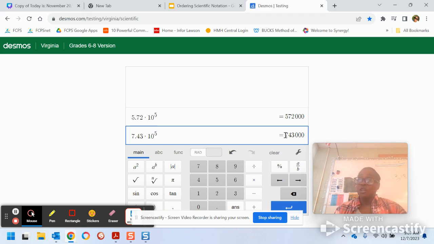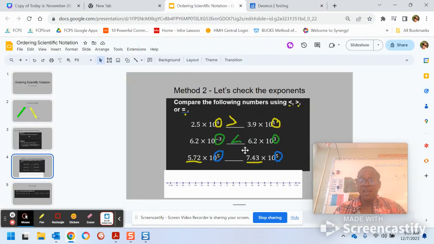So which number is bigger? How much more money would you rather have? This one or this one? I would choose that I want this one. So what that means is that this number is less than this number. And that's how we compare and order scientific notation.